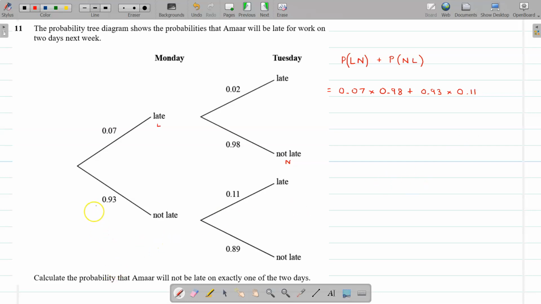So I've gone down this route here. And then I just got to put that on the calculator. Again, you can use brackets there if you want to, but you don't actually need them because the multiplication will prioritize. If you put that in the calculator, you will get 0.1709, which is the answer. Okay, and that's it.